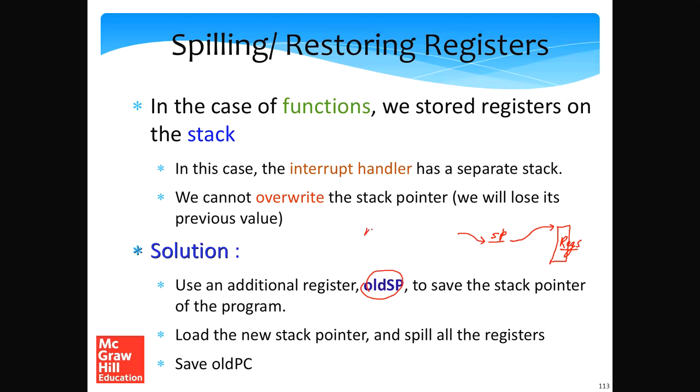When the marked instruction reaches the end of the pipeline, and all previous instructions have completed, we save the value of the current stack pointer, which is register 14 in SimpleRISC, to a new register called old SP, the old stack pointer. Then we load a new stack pointer, which is the stack pointer of the interrupt handler, and we spill all the registers there. In addition, we save the old PC and the old SP in that region. So this has taken care of the storing of the old program counter and the old stack pointer.